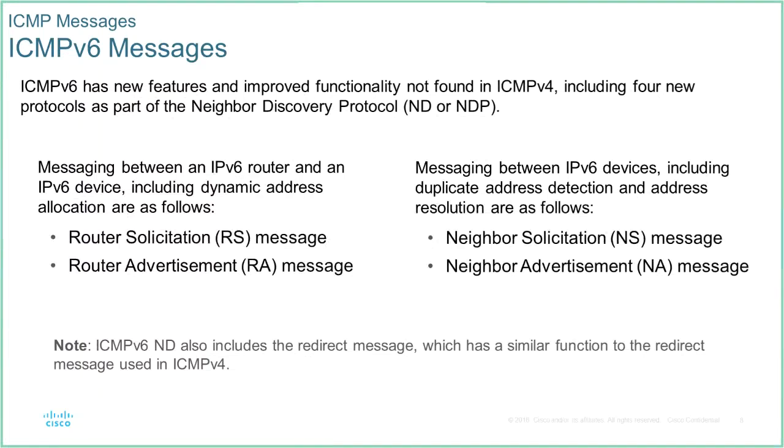So IPv6 uses neighbor discovery, if you like, as part of its functionality. Remember back when we were talking about messages within IPv6: router solicitation, advertisements, and their neighbor counterparts.